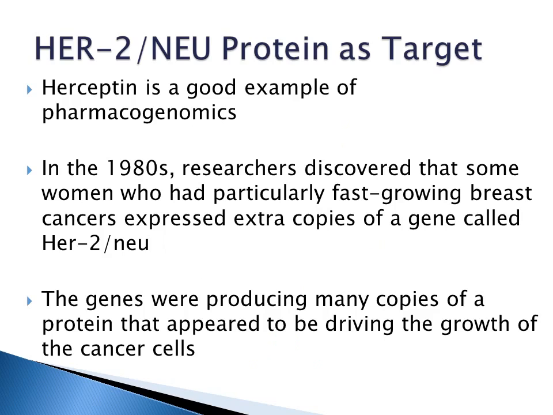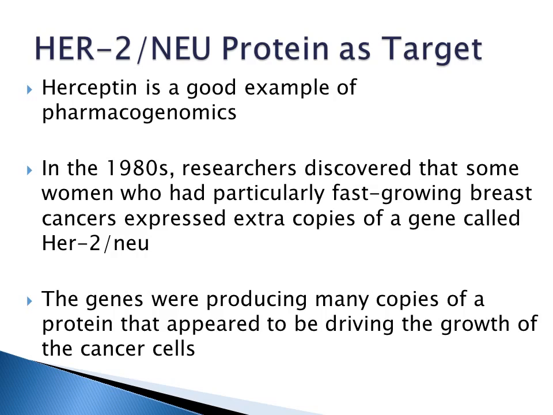So the HER2/neu protein, Herceptin, is a very good example of pharmacogenomics. In the 1980s, researchers discovered that some women who had a very fast-growing breast cancer expressed extra copies of a gene called HER2/neu.